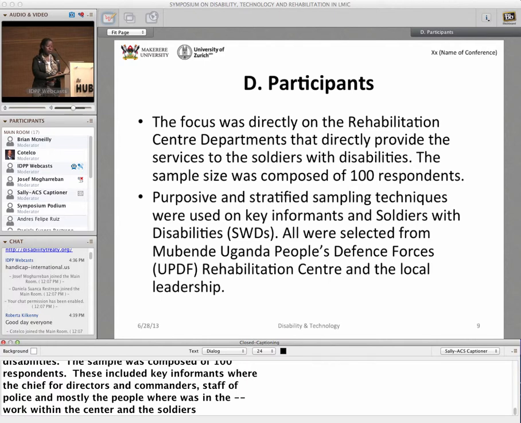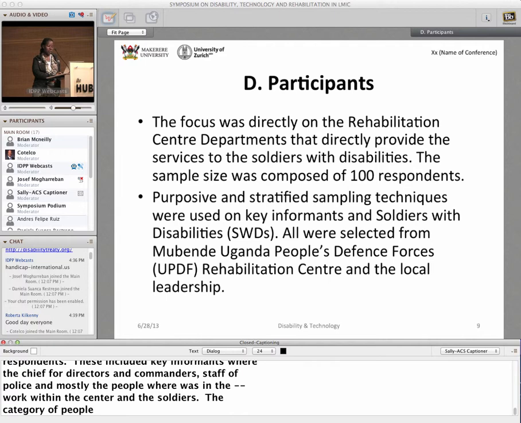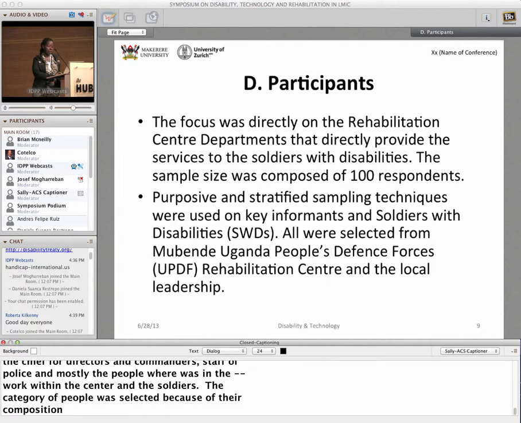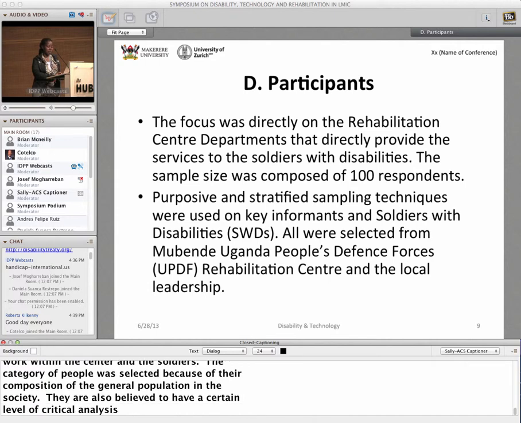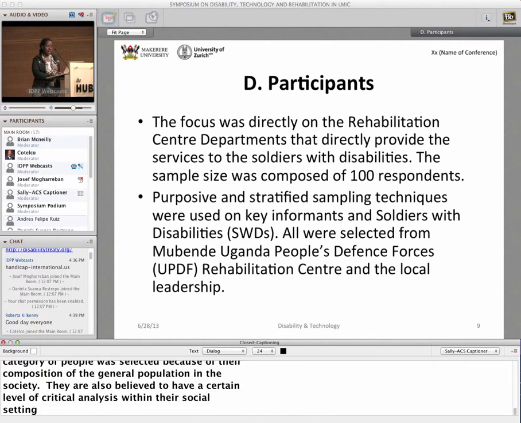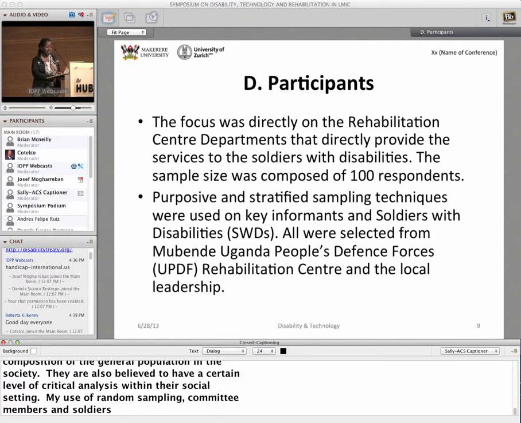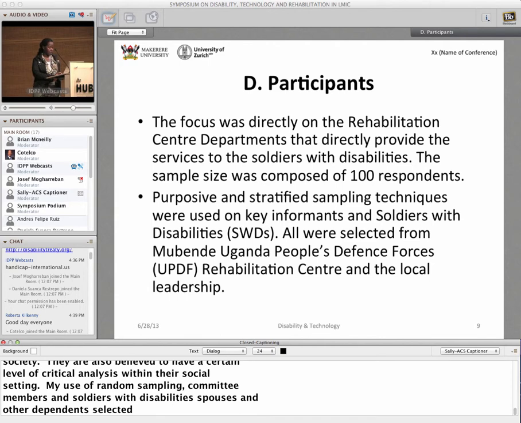The category of people was selected because of the composition of the general population in the society. They are also believed to have a certain level of critical analysis within their social setting. By use of random sampling, 20 community members included soldiers with disabilities, spouses, and other dependents selected from that community.